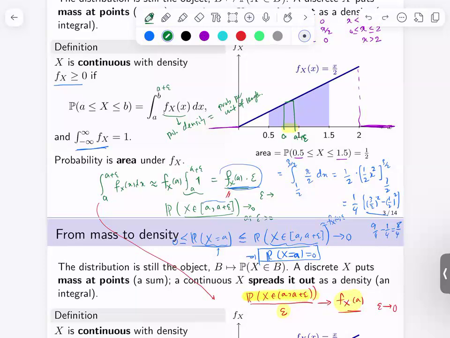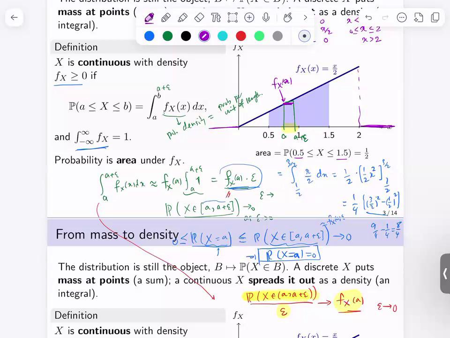If the interval is small, the function is roughly constant, so f_X of a times the length of the interval gives me the probability.